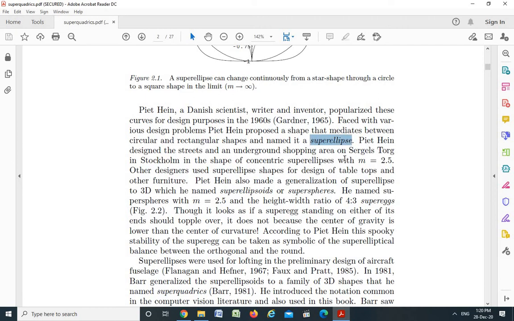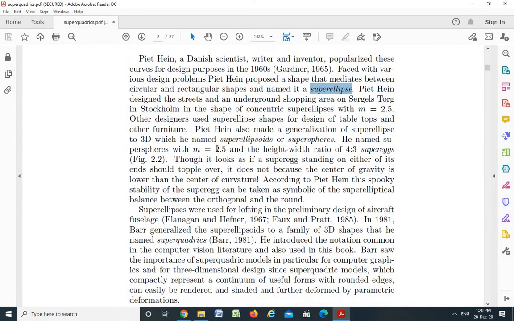Any shape that mediates between circular and rectangular shapes is named superellipse by Hein. Hein also made a generalization of the superellipse to 3D, which he named superellipsoid or supersphere. When we generalize the superellipse into three dimensions, it is called a superellipsoid.